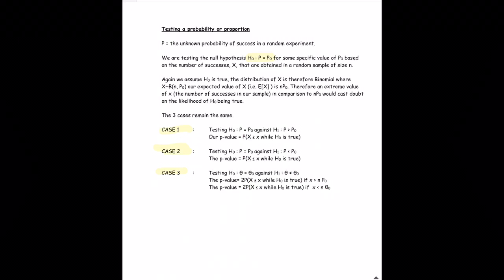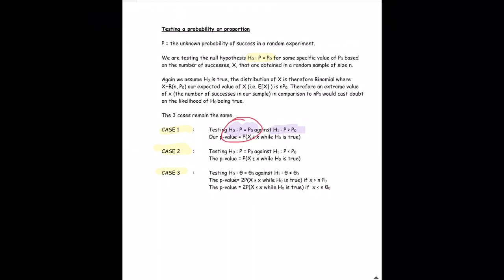So our alternative hypotheses then can be that the proportion is greater than the original. So again, maybe we were assuming, like that person cheating, that the probability of them guessing one right should have been 0.25 under normal conditions, but if they were cheating, then the proportion should have been higher.